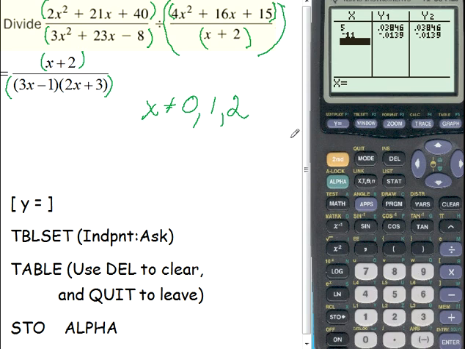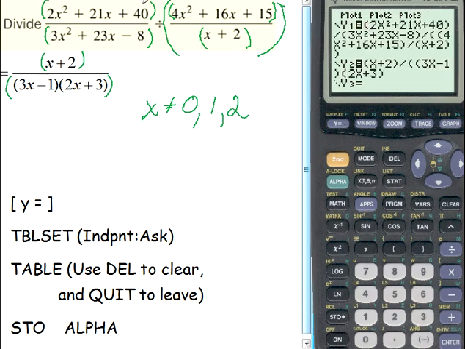Okay, so let's review what we just did. We used the y equal key, and we took our original expression and substituted in for y1, and then we took our answer and put it where y2 was.